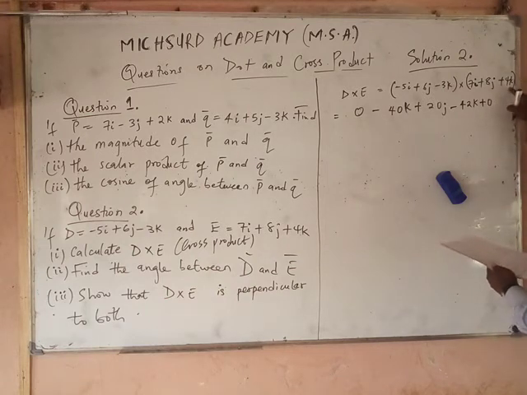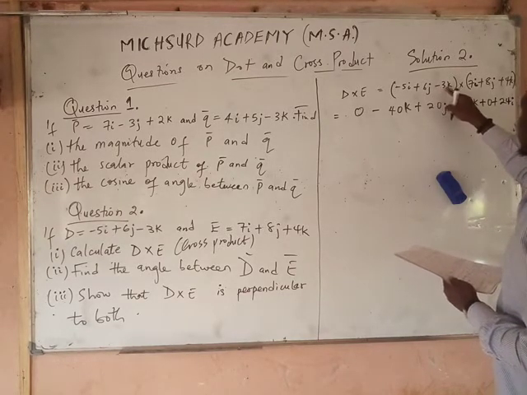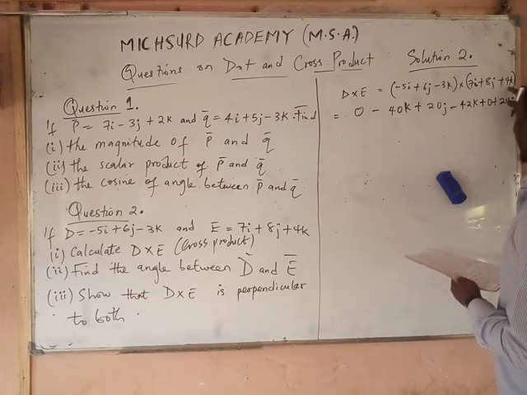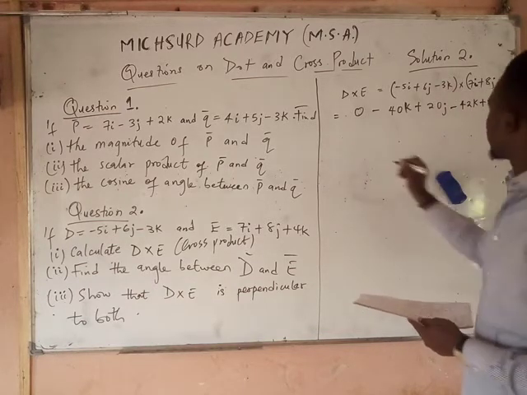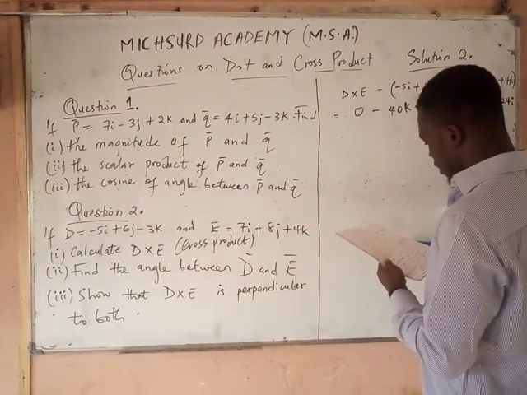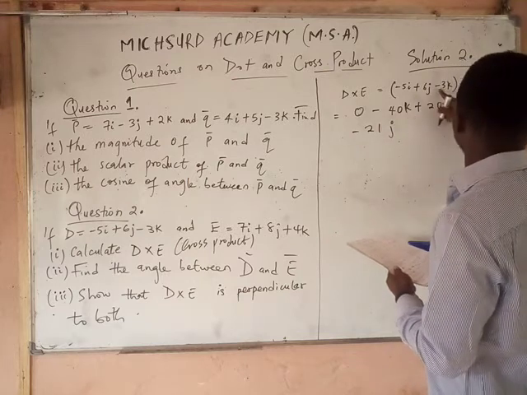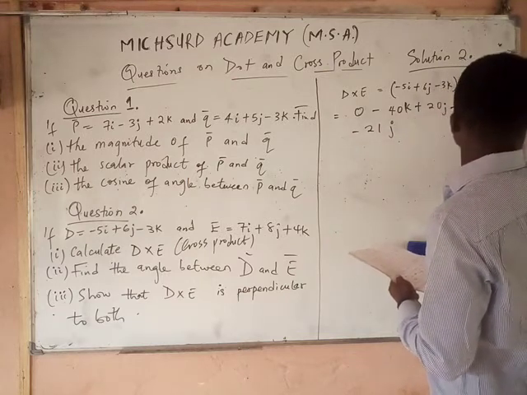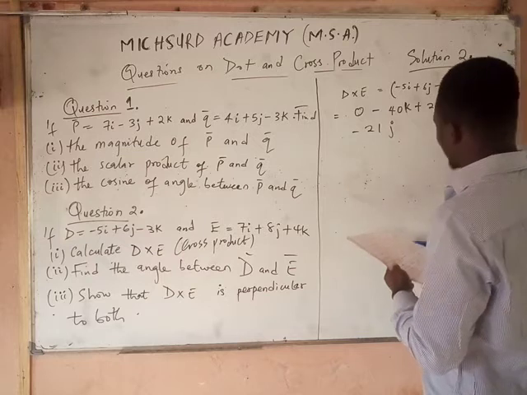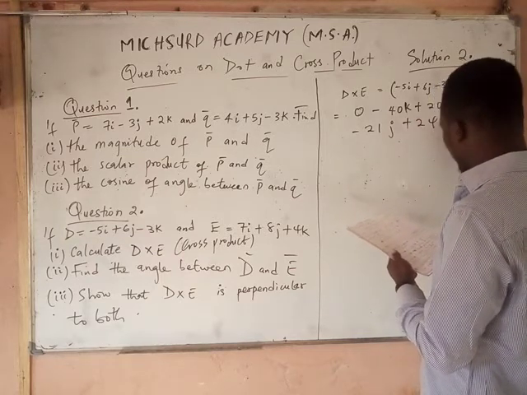If 6J multiply 4K, we are going to have plus 24I. Alright. Then we go to the next one, minus 3K to multiply everything that we have here. So minus 3K multiplied with 7I will give us minus 21J, okay, and minus 3K to multiply 8J, we are going to have plus 24I, okay.